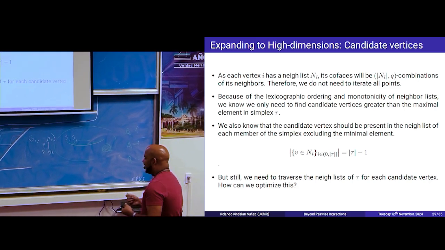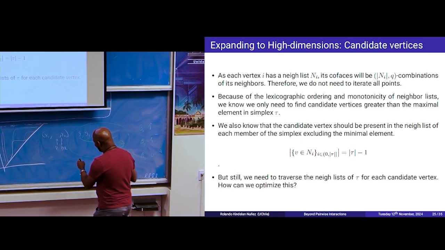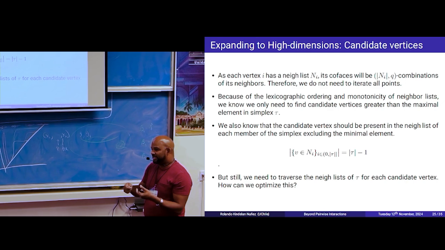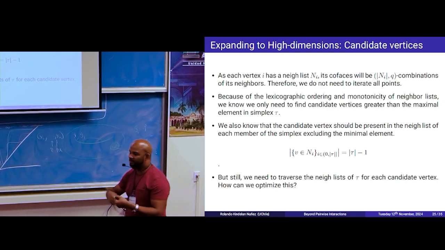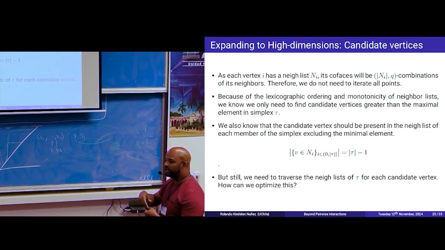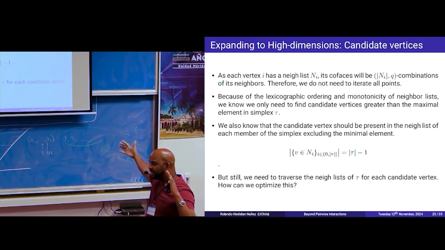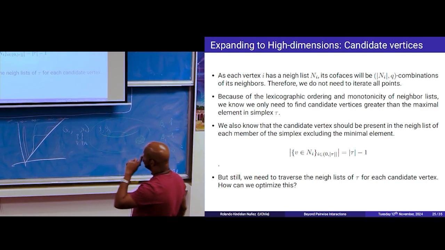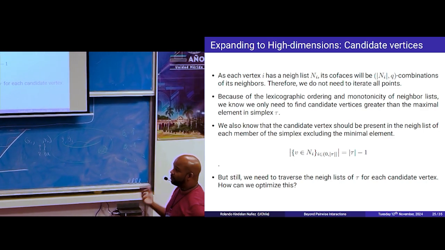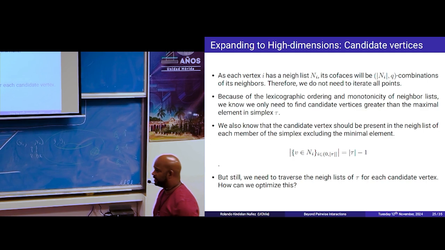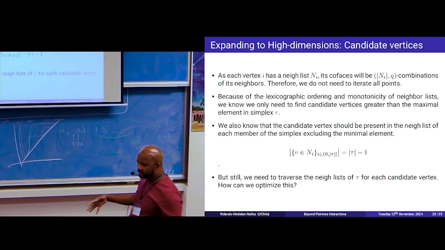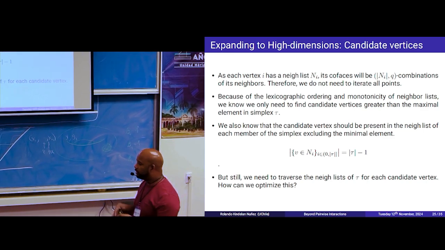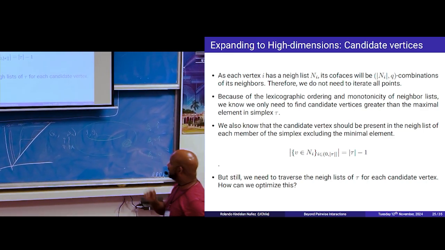Because if we want to connect something to another vertex, it means that it is already a neighbor of that vertex, so it will belong to the list. So we don't need to check the entire data set of points, just the list of neighbors. So if the one skeleton is sparse, we will gain a lot of speed because we don't need to check the entire data set.